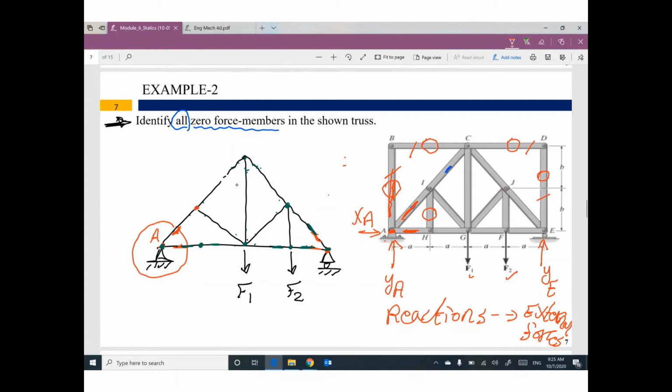How many members at this moment? 3: 1, 2, 3. 2 of them are collinear. No external forces here. The third one will be 0. So this member will be 0, so I can delete it.